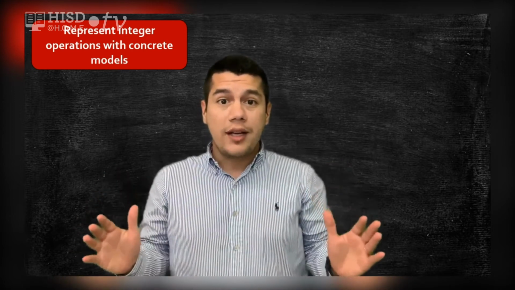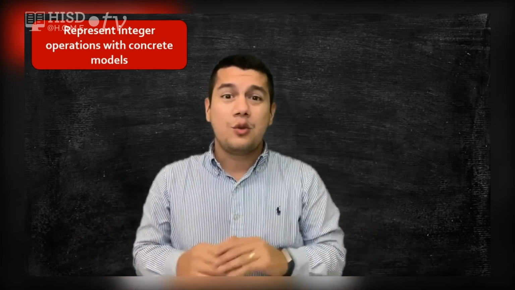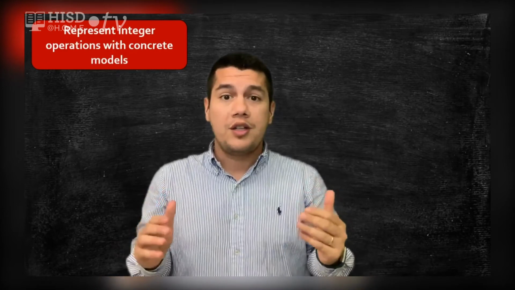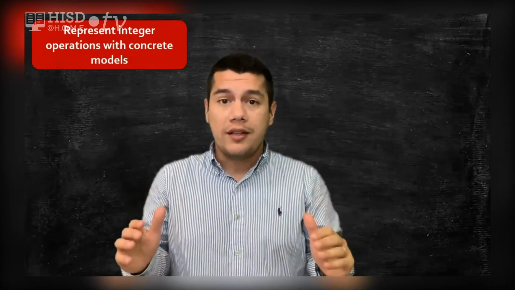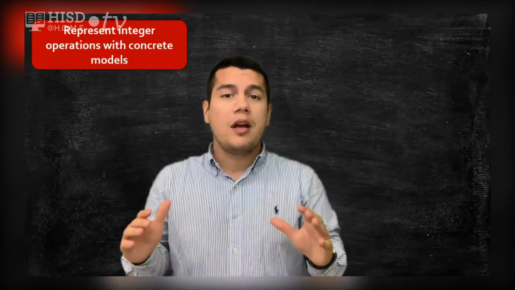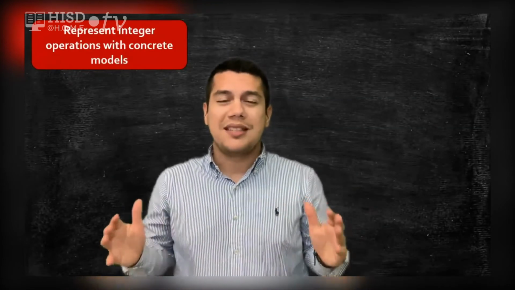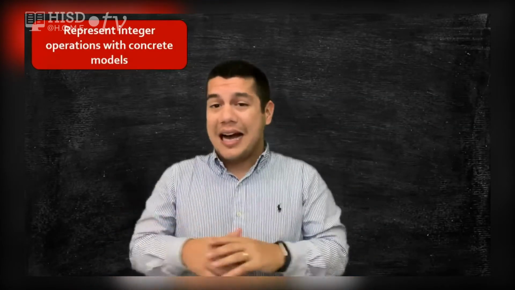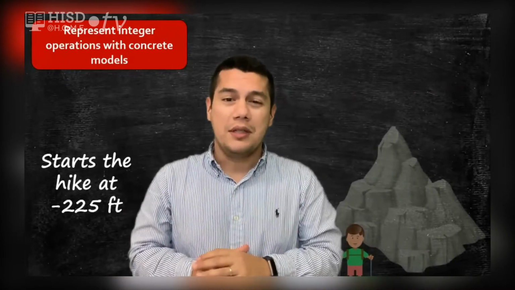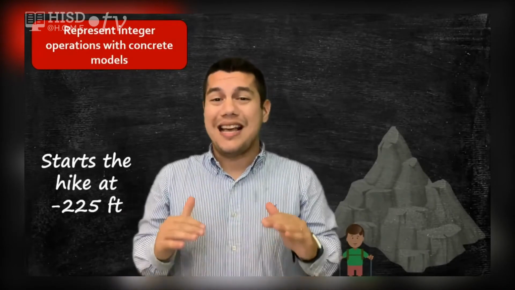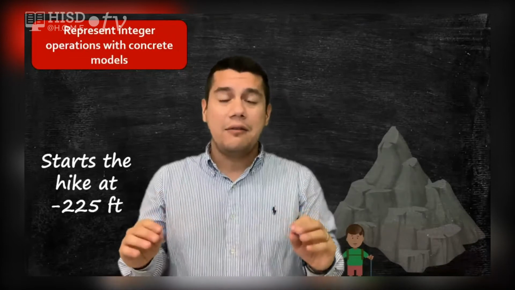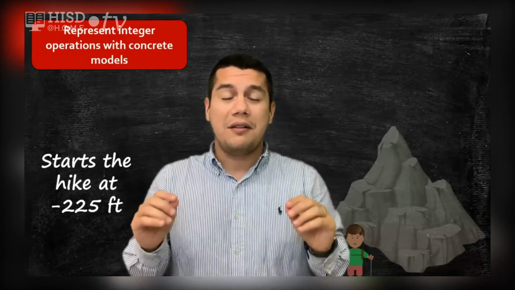Our 6th grade objective is to represent integer operations using concrete models. Today we're gonna be using number lines. And the problem goes like this. We have a hiker named Pablo who started his hike at negative 225 feet.